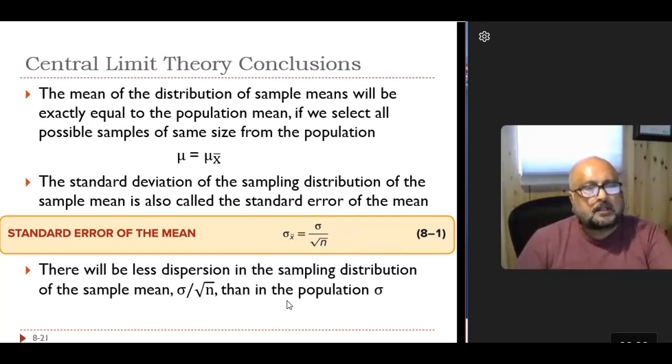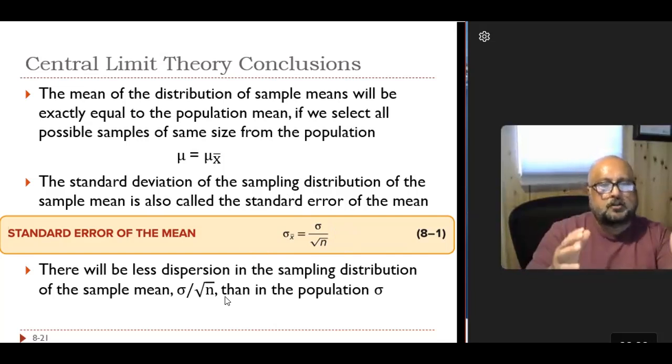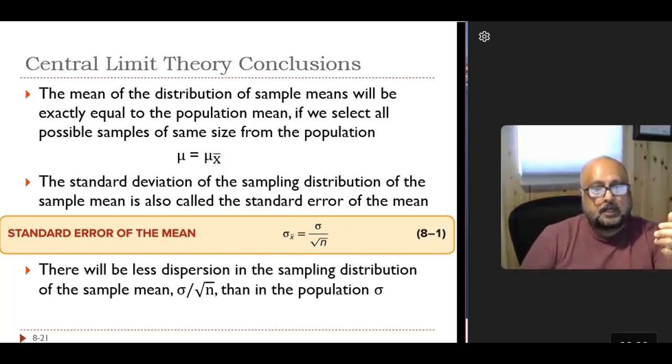Like we observed before, the dispersion of the sampling distribution of the sample mean will be sigma x bar times the square root of n. Population dispersion is measured by sigma, whereas sampling dispersion is measured by the product of sigma x bar and the square root of n.